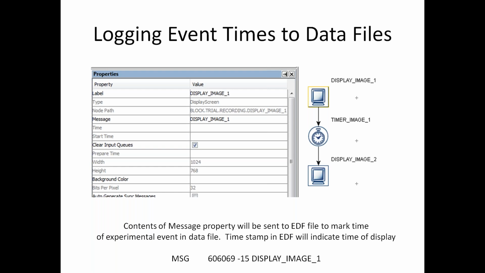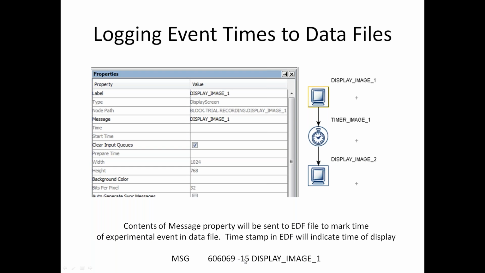If you convert it to an ASC format and want to look at the raw data file, you're going to see something like this. The first value here is the time of the message. What Experiment Builder does, a little before this display screen action, is send the message over and calculate the difference between the current time and the time when that display screen is set to actually change the monitor, and it puts that difference as a little offset value right here.